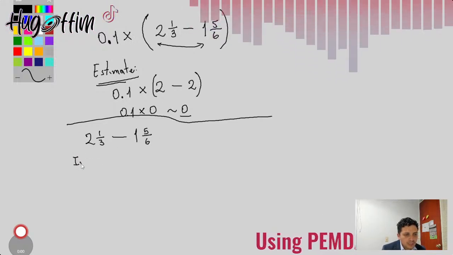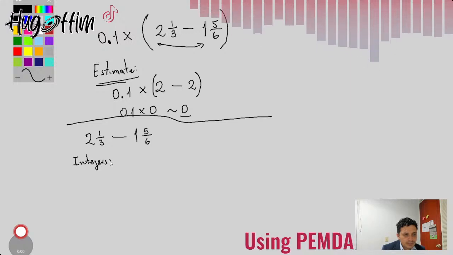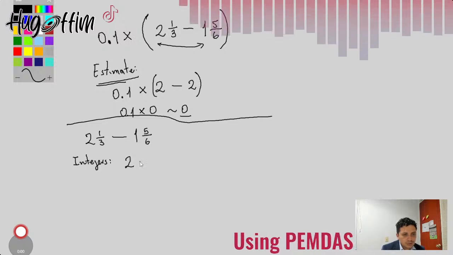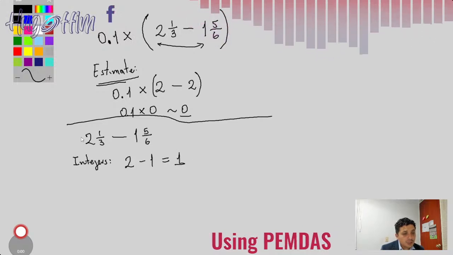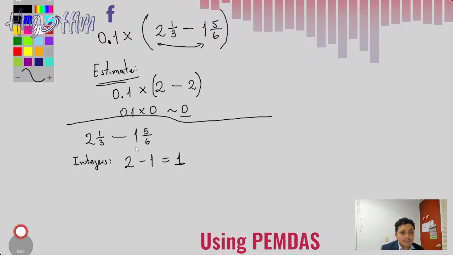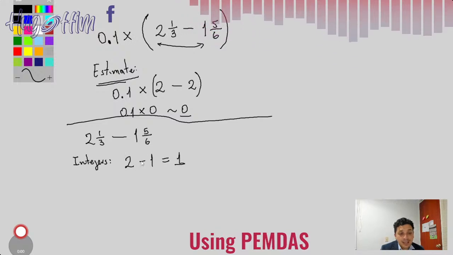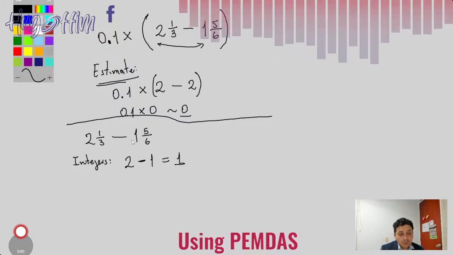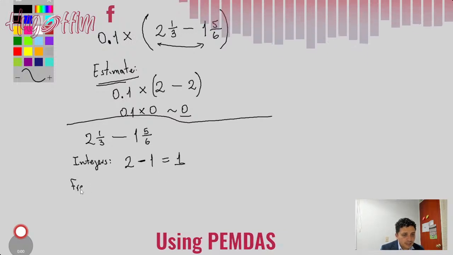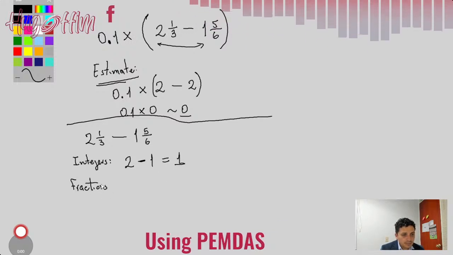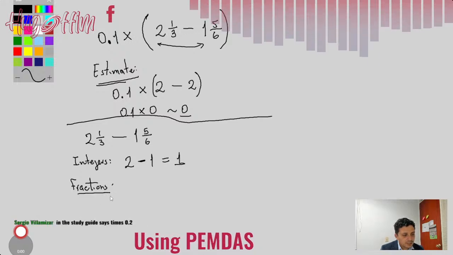So the integers are going to be 2 minus 1, that is 1. Observe that I'm using the integers that correspond to the numbers, not the estimations. And fractions, so I'm going to do the fractions.